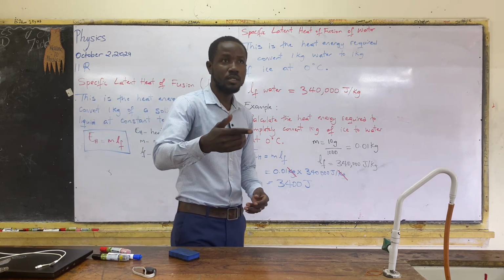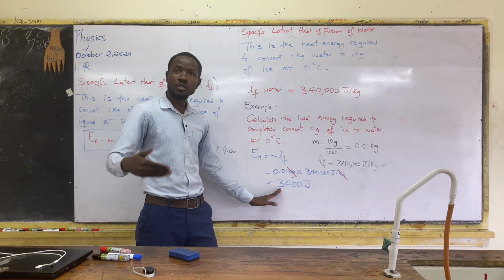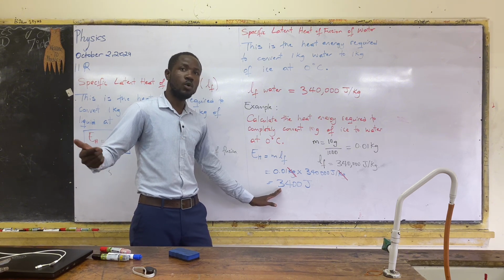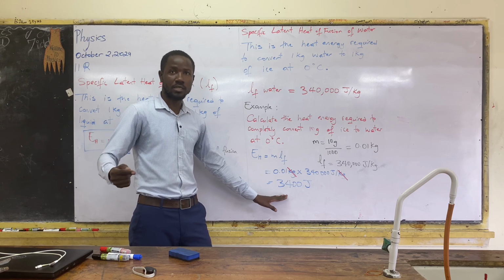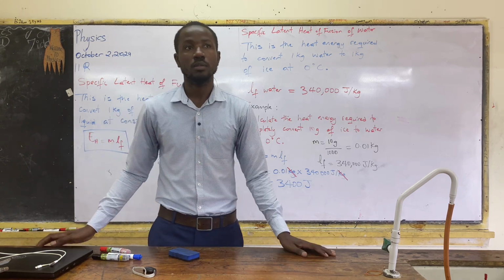It's going to melt. So if we apply 3,500, we're applying basically 100 joules more than what is needed to melt it. So what would that extra energy be used to do?